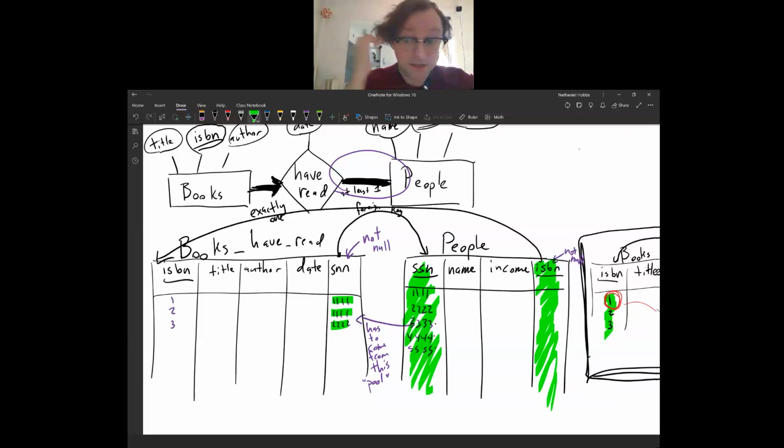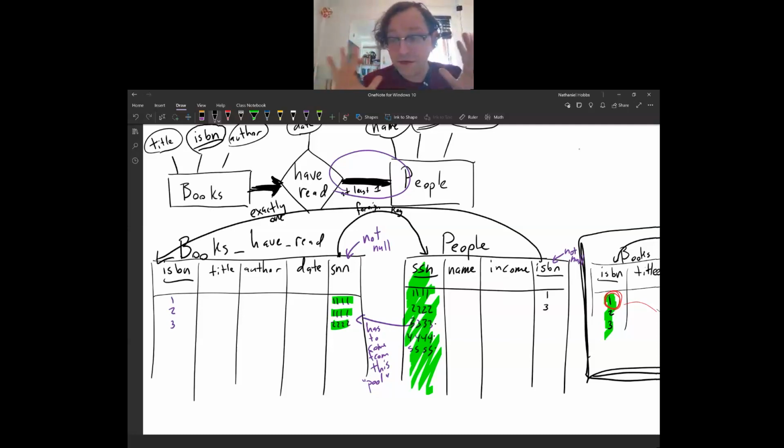And here I want that to be keyed because books can only be read by at most one person. So here, 1 has read book 1, 2 has read book 3.